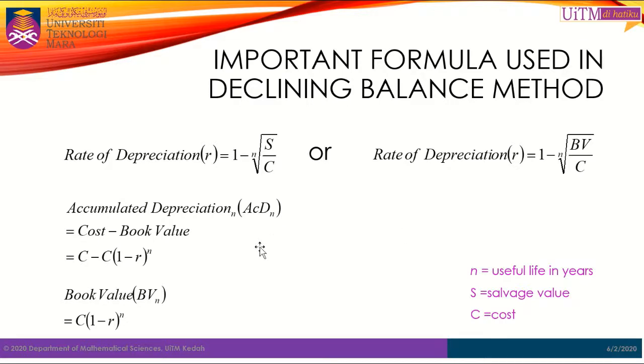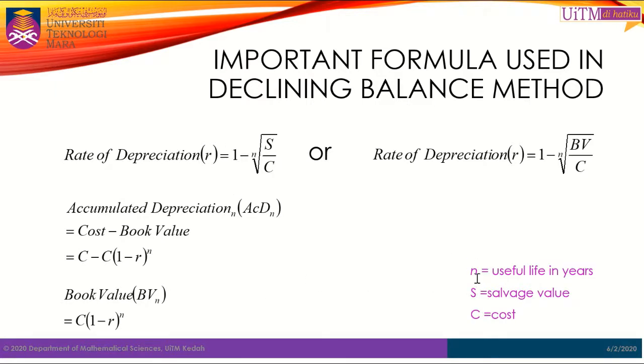All right. The cumulative depreciation is given by ACD_n. This is simply the cost minus the book value, so C minus C(1 minus r) to the power of n. The book value formula is given by C(1 minus r) to the power of n, where r here is the rate of depreciation.